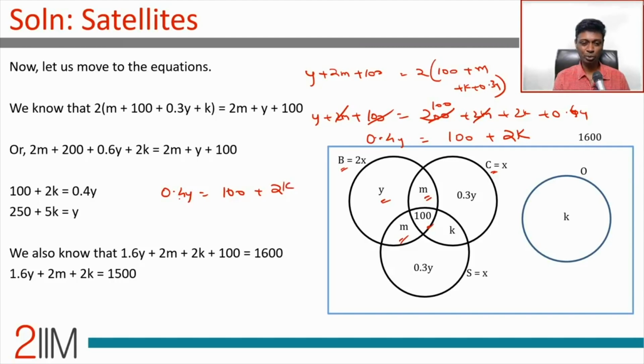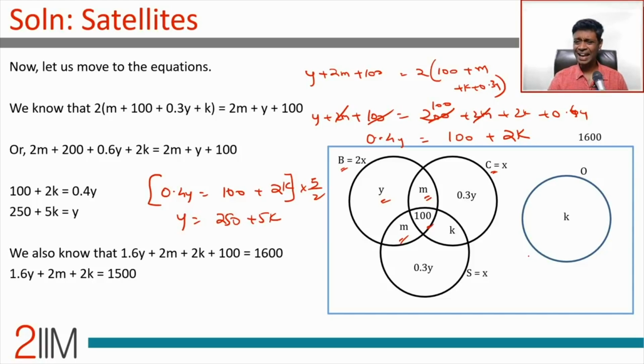Multiplying by 5 by 2 to get Y, Y equals 250 plus 5K. I'm taking this equation and multiplying by 5 by 2. I don't like the decimal. I don't want to deal with the decimal or a fraction when I'm writing an equation. So Y equals 250 plus 5K. Brilliant. This is one equation we've got.